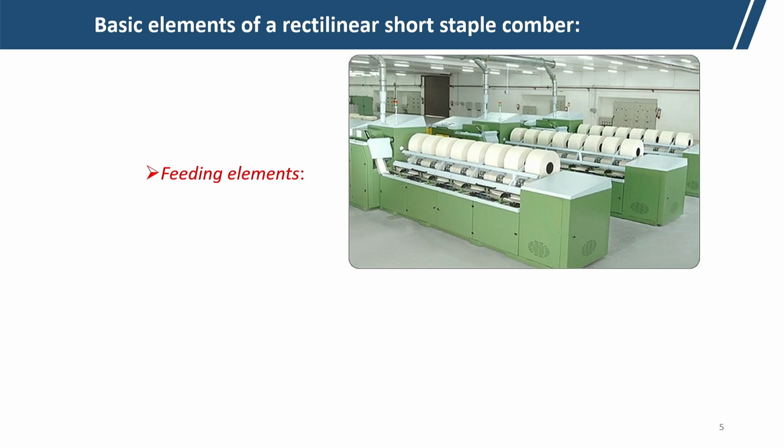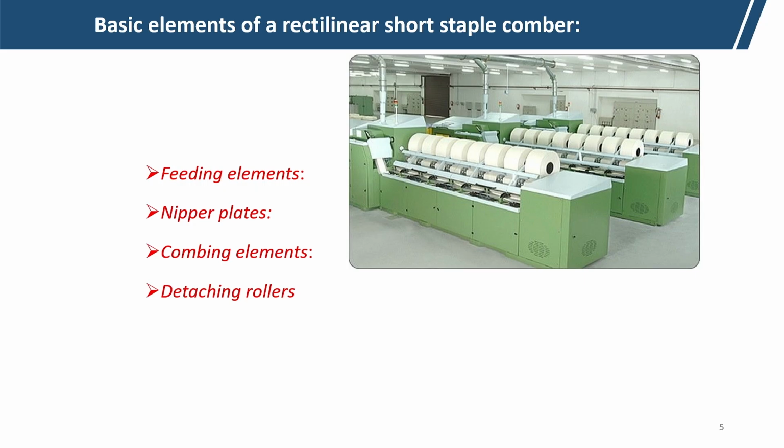Now, there are basic elements. Let us discuss the basic elements of the short staple comber. The elements are divided into different zones. One is the feeding element, then the nipping element, then the combing element, then the detaching element.